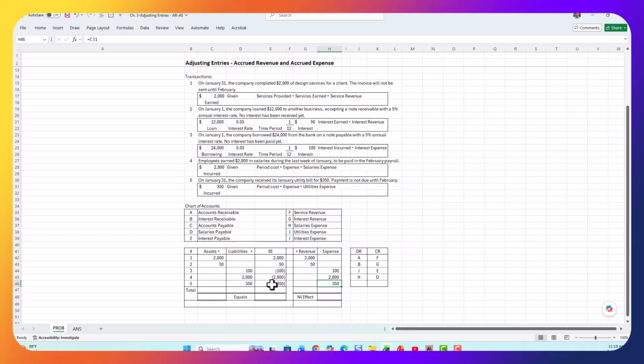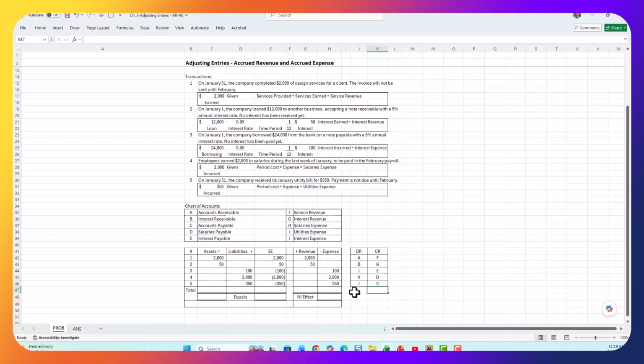The reason we use accounts payable for the liability is that accounts payable will always be used for amounts owed to vendors or suppliers for goods or services purchased in the ordinary course of business. When it comes to the journal entry, we'll debit I, utility expense, and credit C, accounts payable.